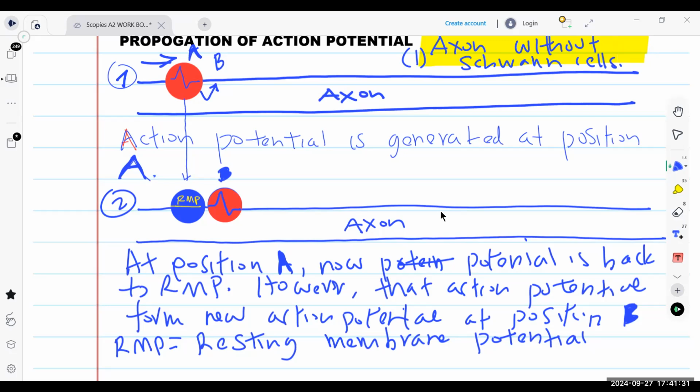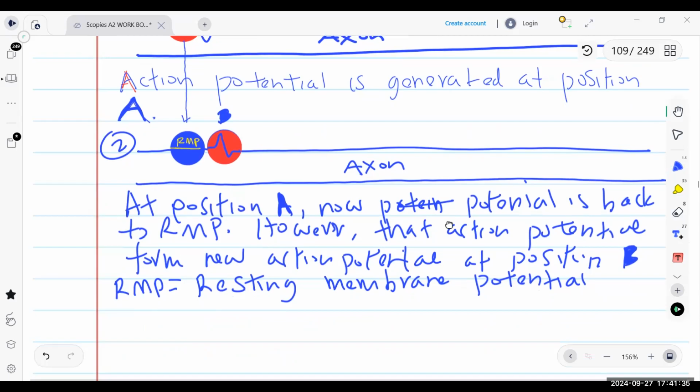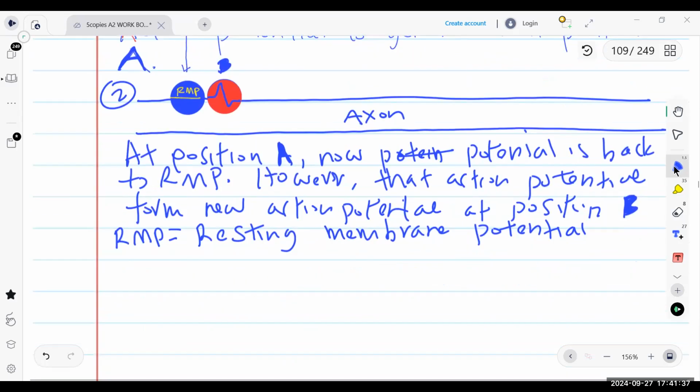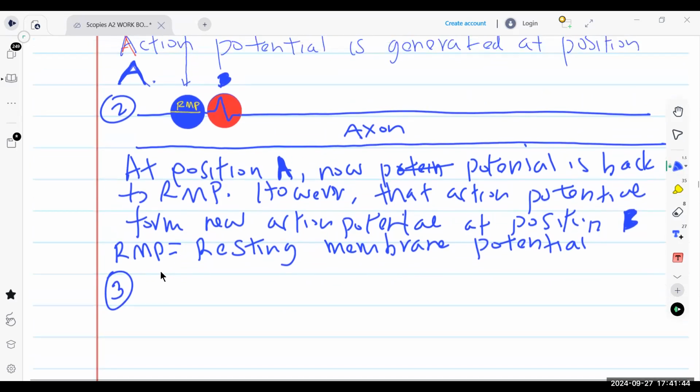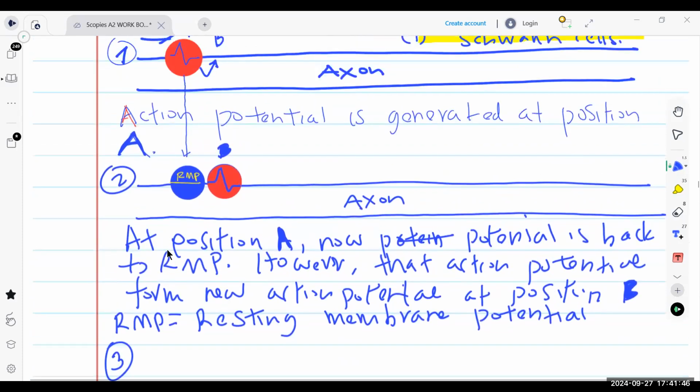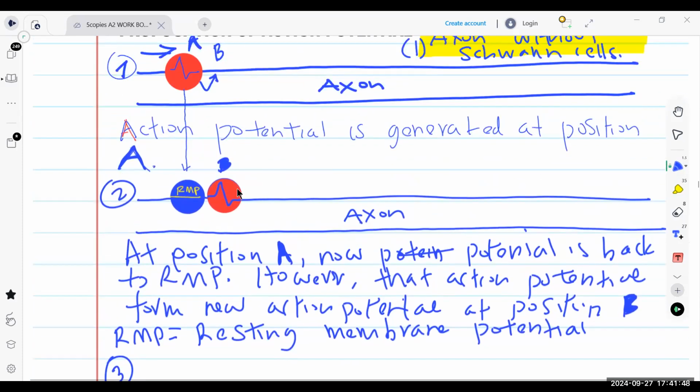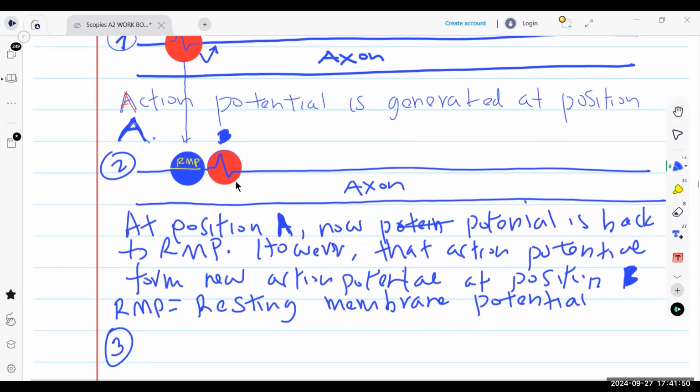Okay, so the third one. Now the third one, I will not show it here. Again, the position B becomes a resting membrane potential.